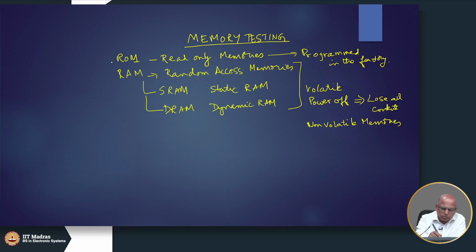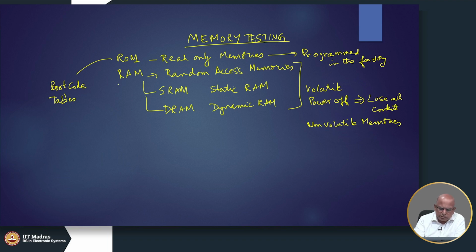For example, to store some boot code in a computer, or to store scientific tables like logarithms, sine, cos and things like that. So, these are the applications of ROMs. Information does not change, it has been written at the time of manufacturing the ROM, and you only read from them.